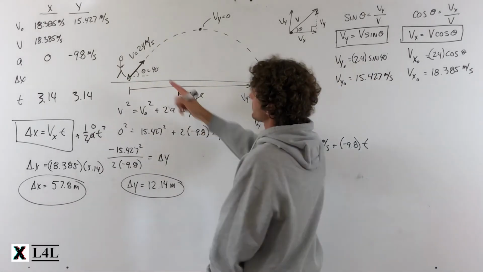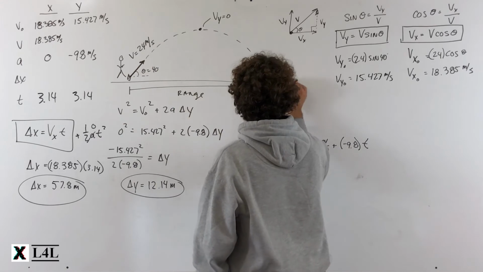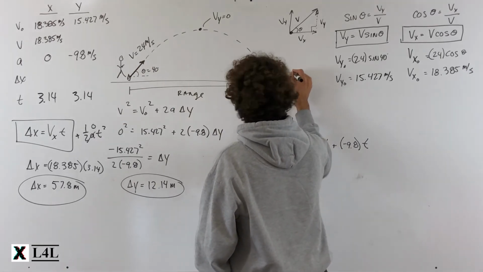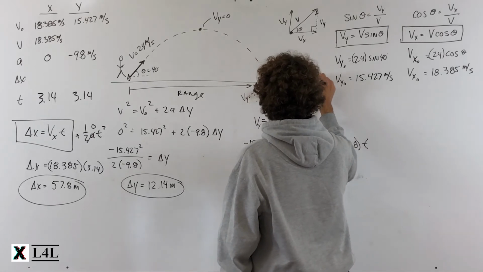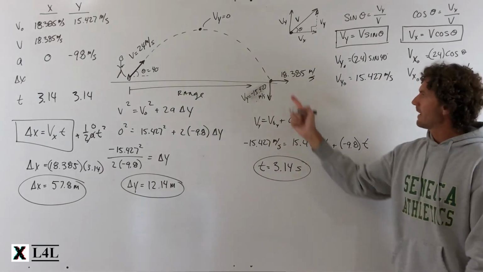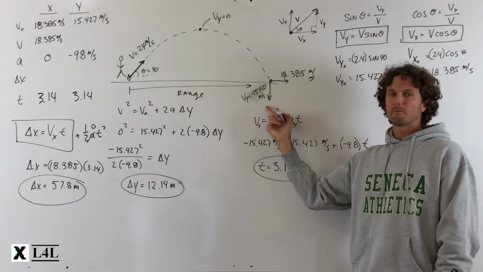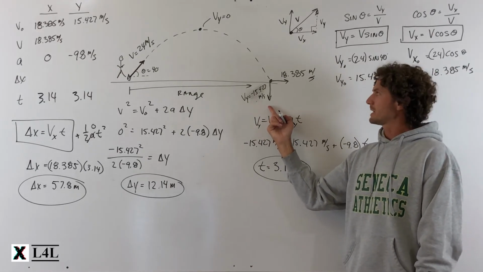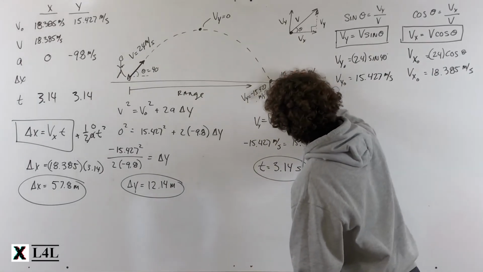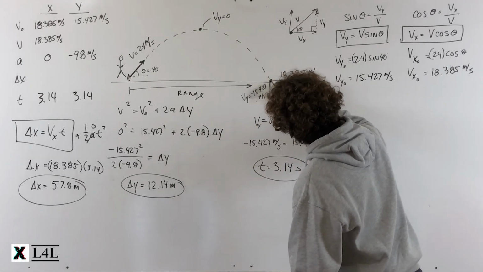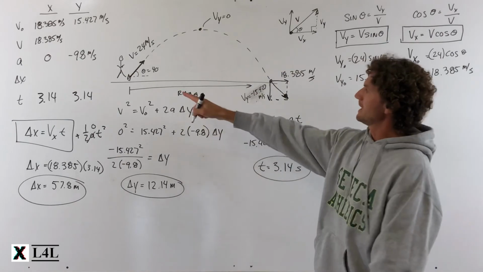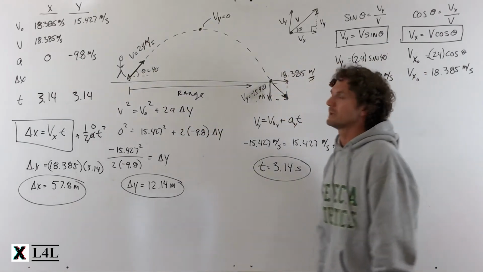My horizontal velocity never changes, so I have 18.385 meters per second in the horizontal. If I have the same horizontal and same vertical, just in the opposite direction, this resultant velocity vector is going to be the same as it was here, which was 24 meters per second.